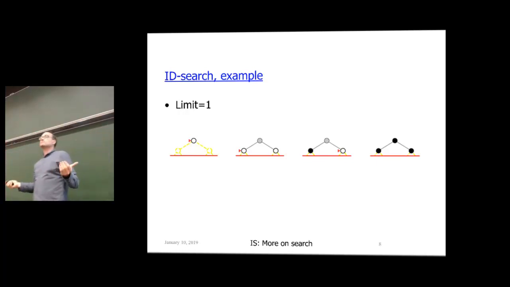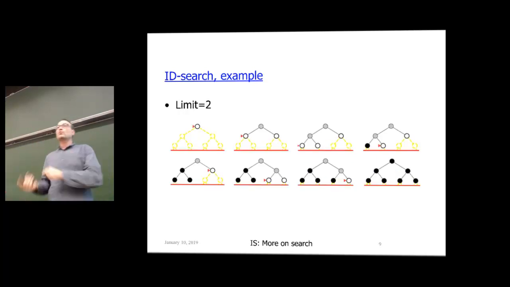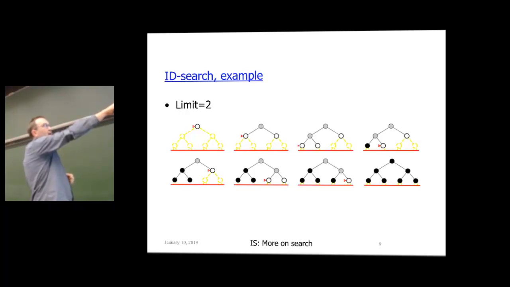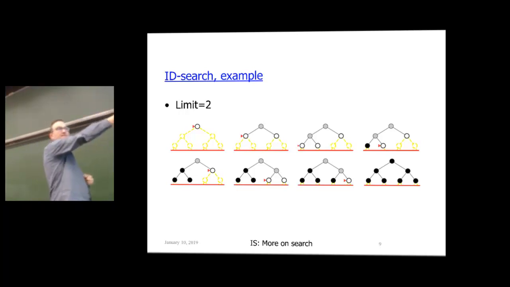And now the trick comes, once we've done that and we haven't found a solution, we just throw away everything and we start again, but now we go one level deeper. So it's now depth first search with a depth of 2. So we start at the top, we construct the left-hand side, we construct on the left-hand side the successor, but now we have only depth 2, so we don't go any further, because here we don't find a solution, so we have to do backtracking.